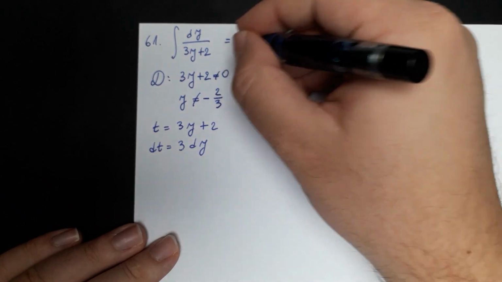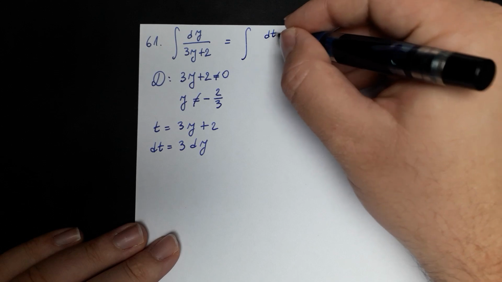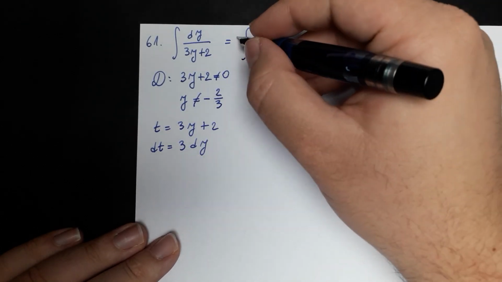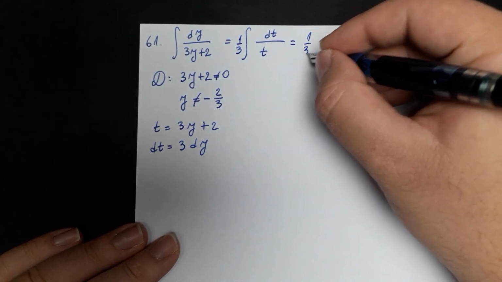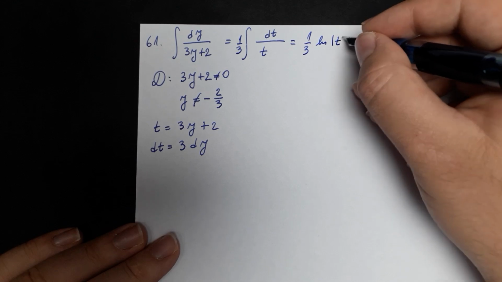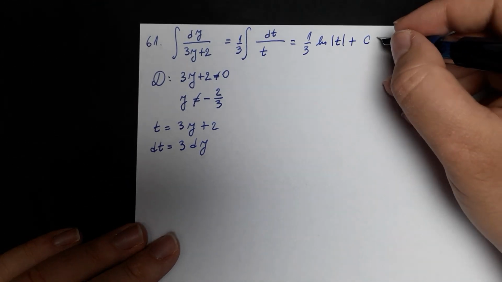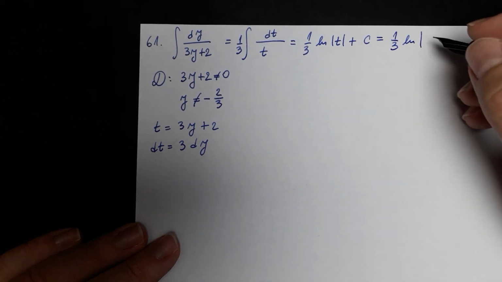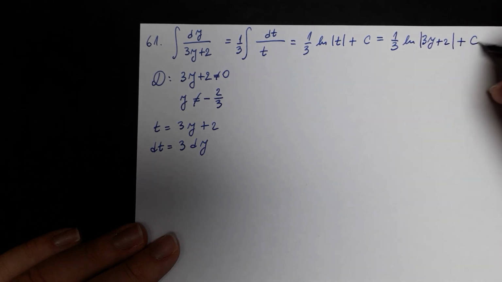Then our integral, when transformed into the t world, becomes dt divided by t times 1/3. This is equal to 1/3 of ln of the absolute value of t plus an arbitrary constant c, and when we return into the y world, we get 1/3 of the ln of the absolute value of 3y plus 2 and plus c.